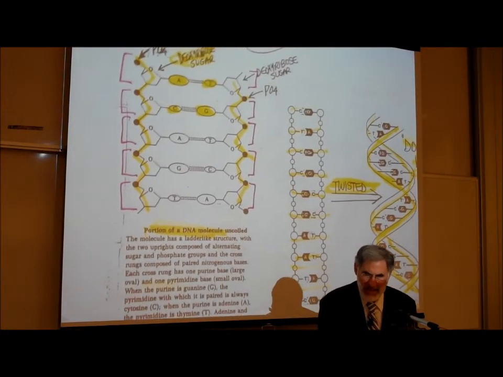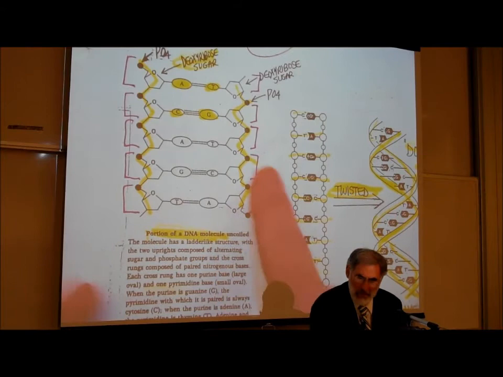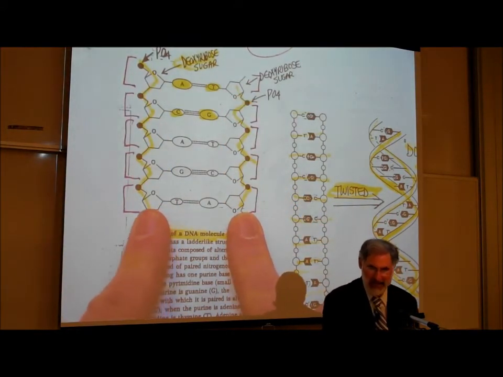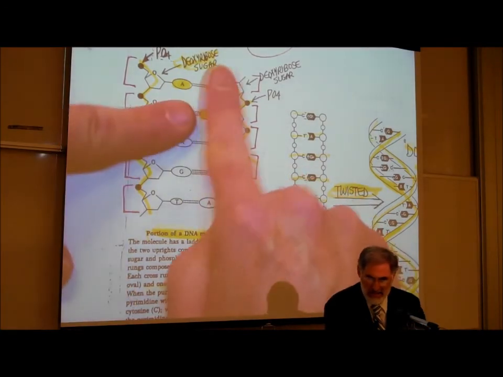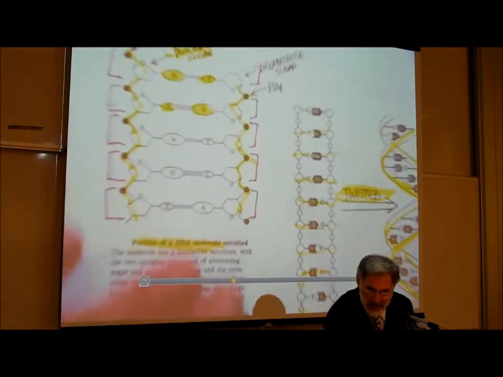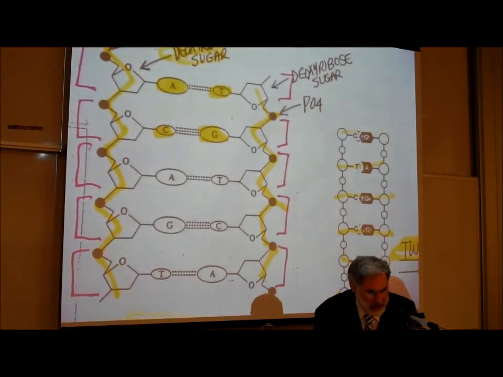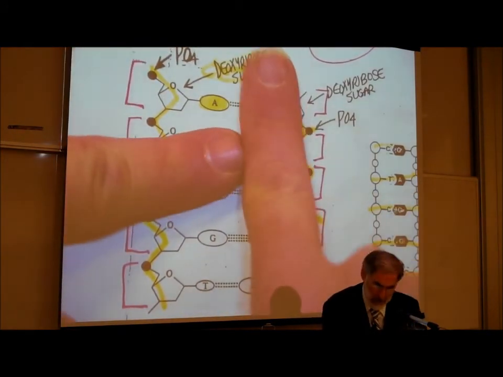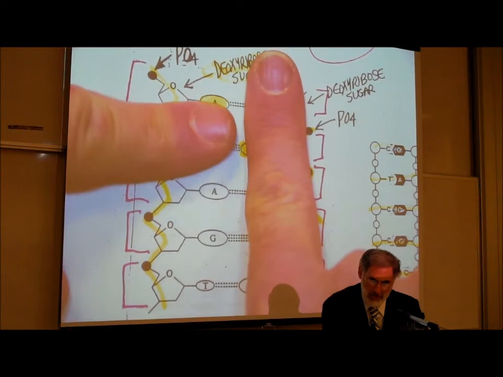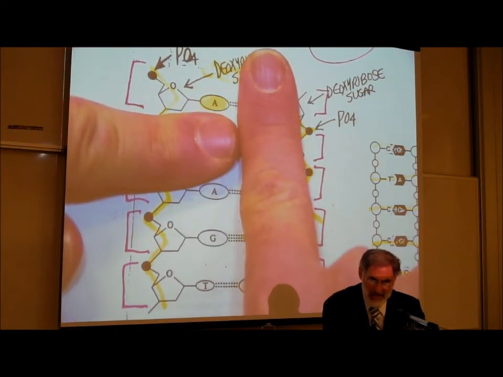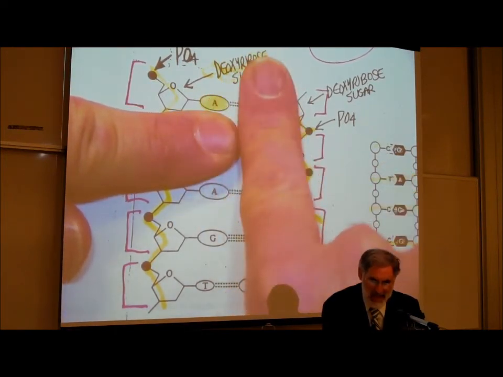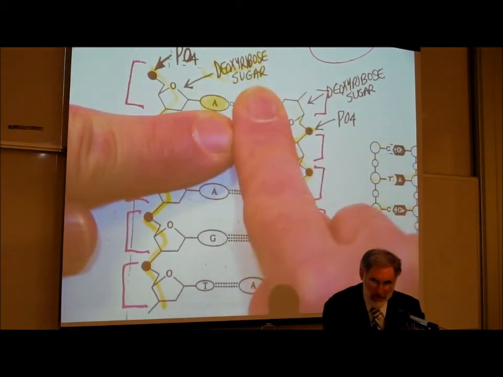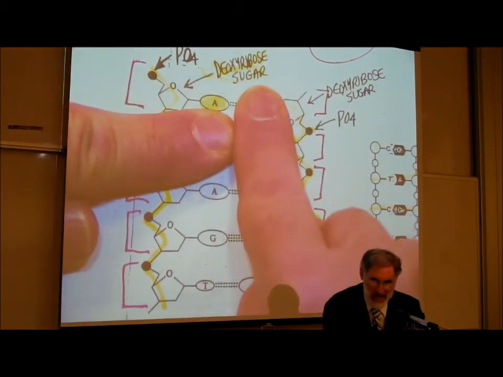Now, on the DNA molecule, we see two complementary strands of DNA, and this is a DNA nucleotide right here. Right there is a DNA nucleotide. In this case, it's made up of adenine, A, but the sugar is not ribose, but deoxyribose sugar, and it's got a phosphate attached.